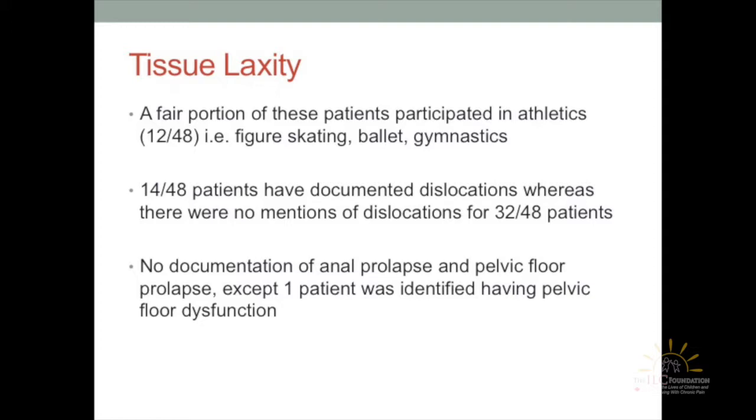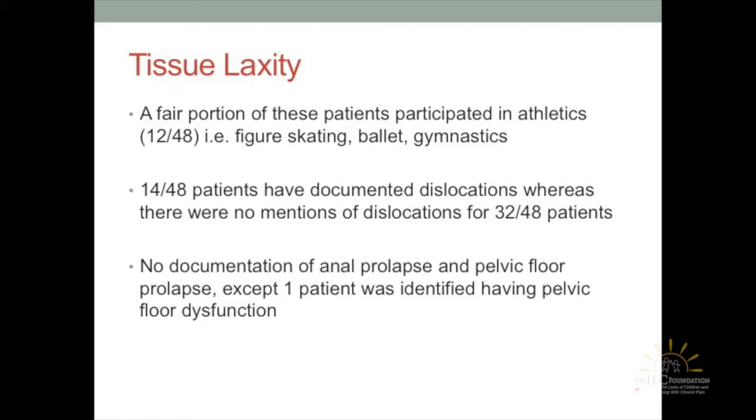We also looked at dislocations. 14 of our patients had documented dislocations, and interestingly, 32 were left undocumented. So I think that perhaps goes to show that, one, the dislocations themselves might be minor. They might be coming dislocated, then self-relocating, or the patients aren't noticing them.